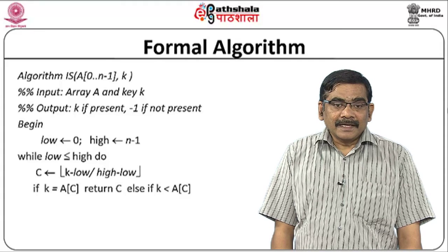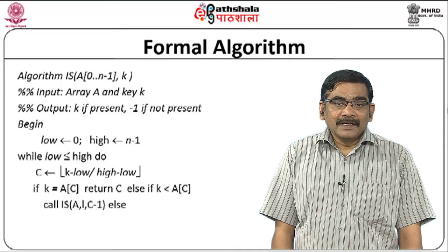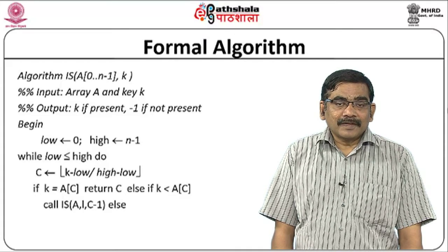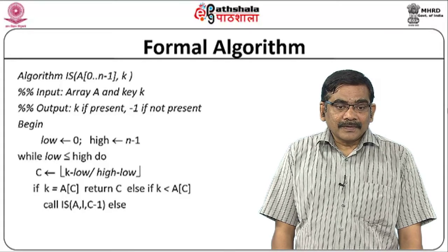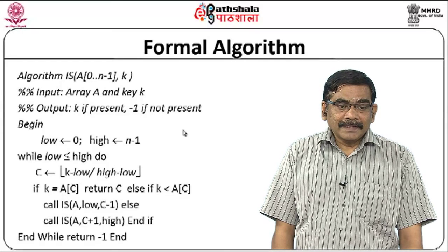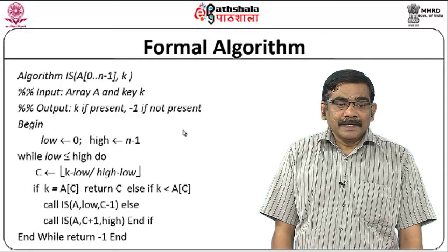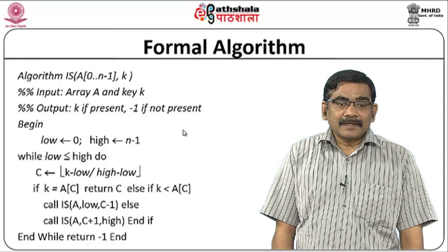If k is less than a of c, that means we have to check the first half, so it goes from index low to c minus 1, otherwise it is going to be c plus 1 to high. So, this is what the algorithm is.